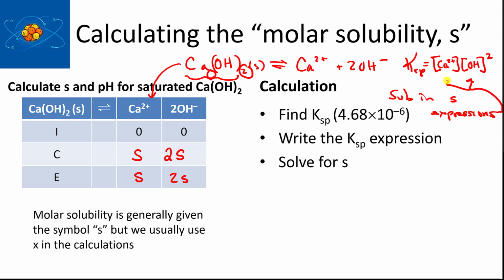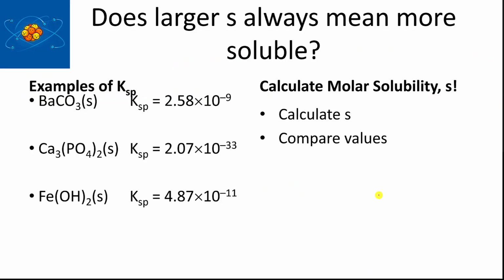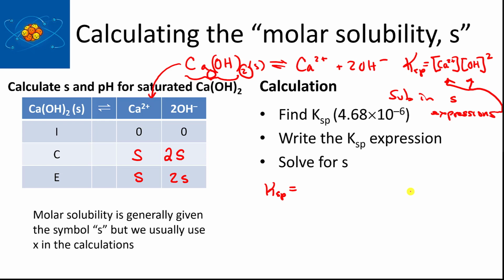So now what I have is Ksp is equal to S times, and then hydroxide's 2S squared. So this will become S times 4S squared, so that's 4S cubed.